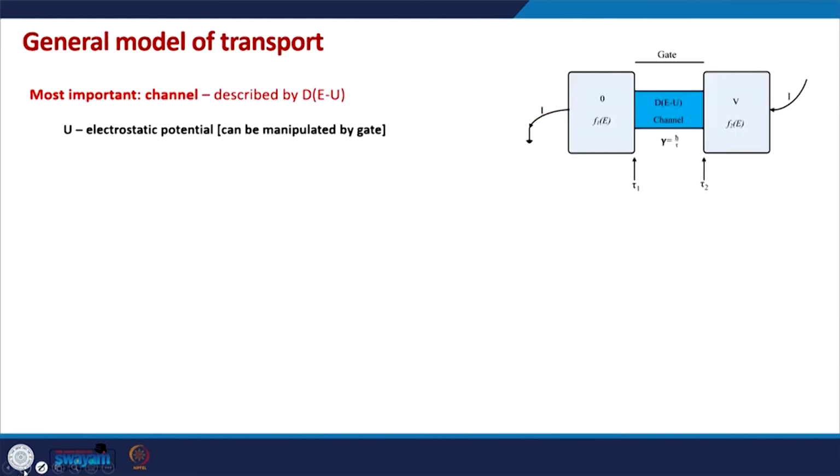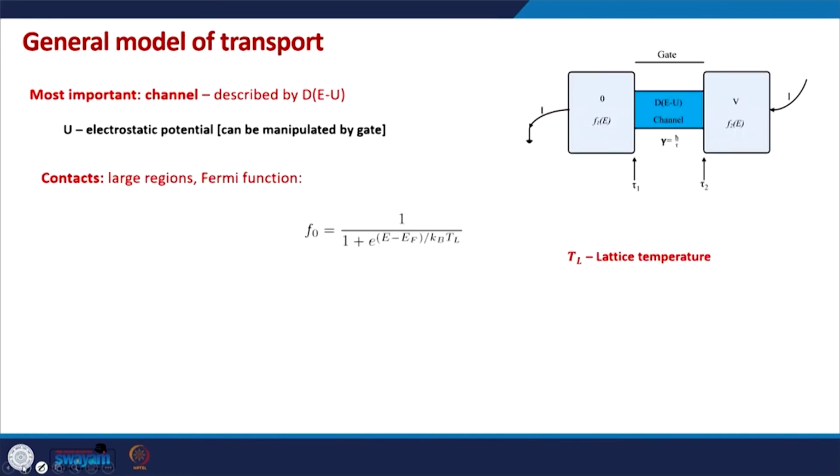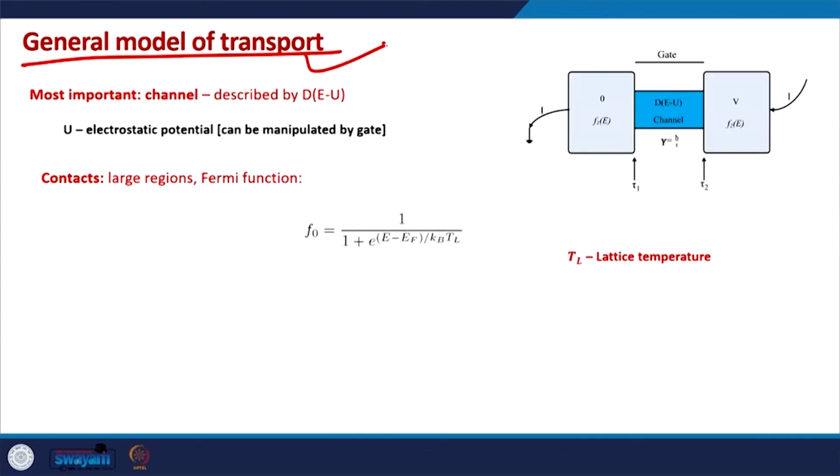Okay. After studying the density of states, we will then go to study the general model of transport. So, instead of understanding electrical conduction from a conventional point of view, the point of view that was given by Drude, now with this basic understanding of quantum mechanics and density of states, we will try to formulate a new model of transport, known as the general model of transport, because it starts with very few assumptions.